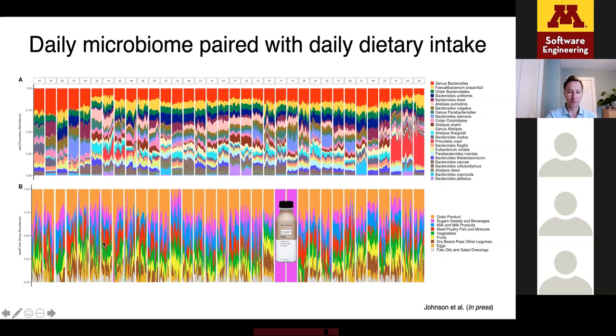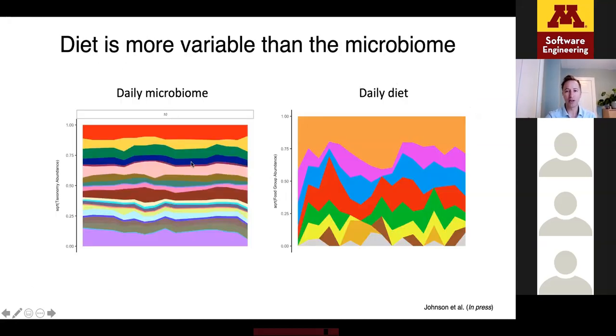It's really spiky, really variable. So the question was, how do you analyze this? Here's Abby's daily microbiome, here's Abby's daily diet. Some foods show up, like this brownish color down here was eggs on the weekend. Some foods only show up with a cyclical temporal association.